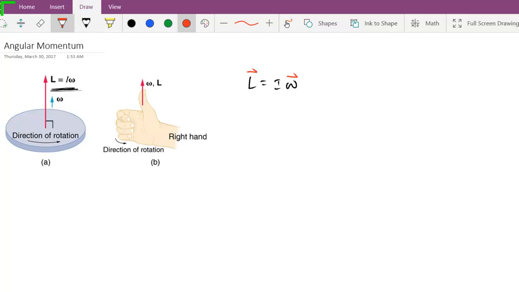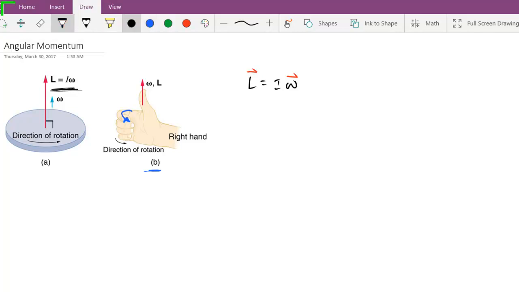We previously defined just simply counterclockwise was positive and clockwise was negative, but let's go a step further with this. So you see here in figure B, you have a right hand and a direction of rotation of your fingers here. This is what's known as the right hand rule.